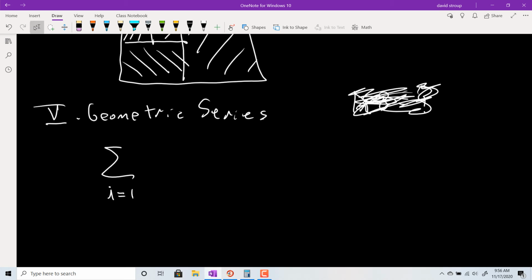So a geometric series goes to infinity. Up in the upper index, you put the infinity symbol. And then inside the formula, the ith term of the sum is a sub 1 times r to the i minus 1. So that'll be a sub 1 plus a sub 1 r to the first plus a sub 1 r squared, on and on forever.